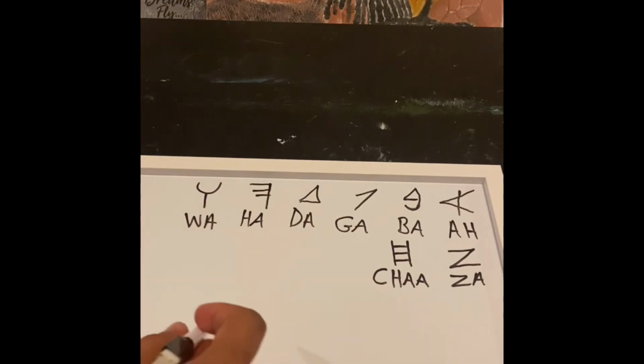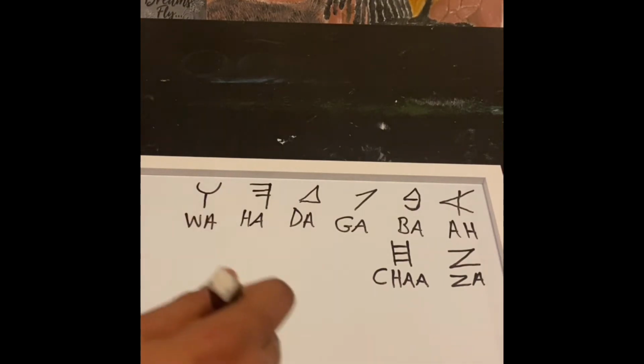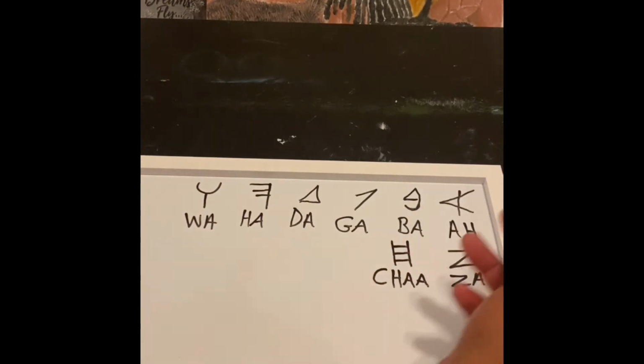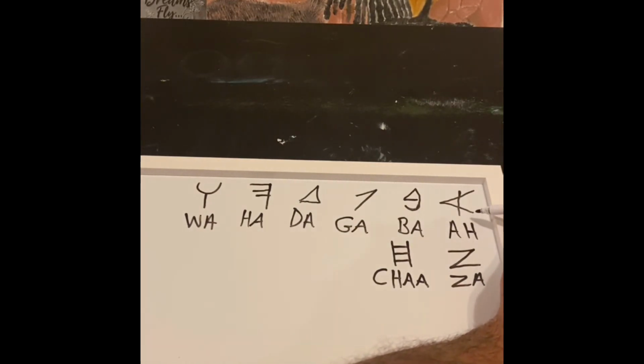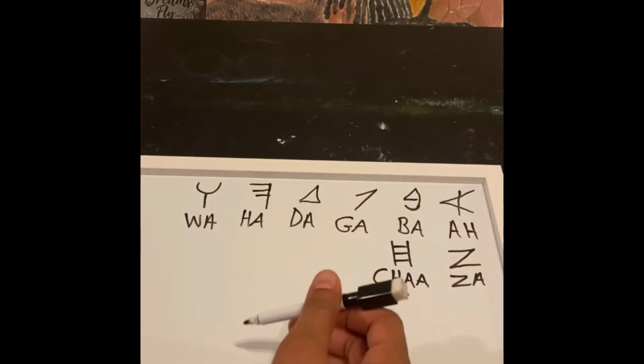When you use the character Tha, with the character I, you then have just the T and the H at the end.